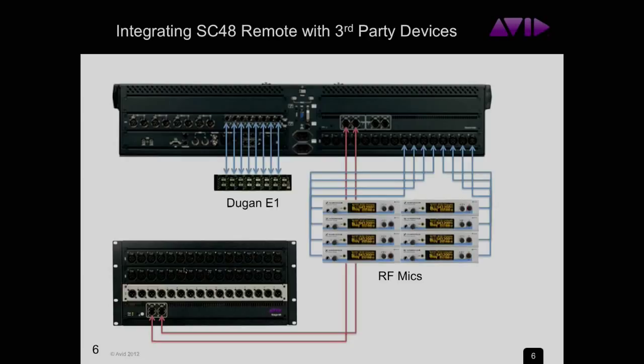So in terms of workflow and logistics, especially for the person mixing front of house and monitors or doing corporate work, you can keep everything located yet still have the remote I/O to take advantage of all the goodness that comes with that, both logistically and in terms of sound quality.